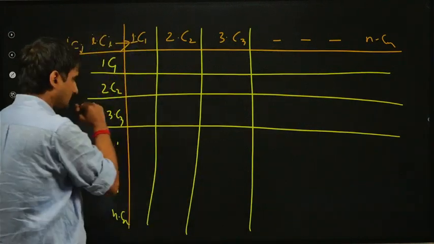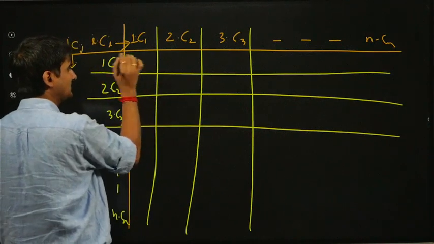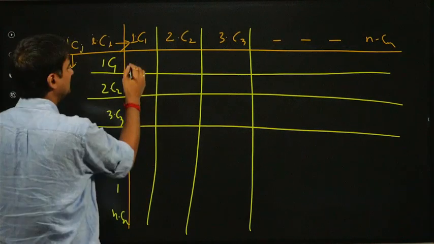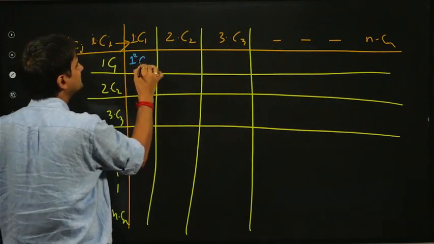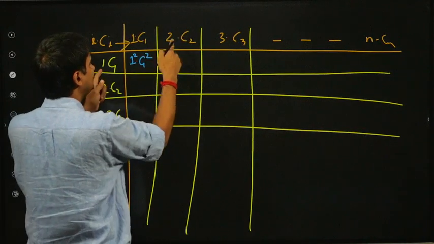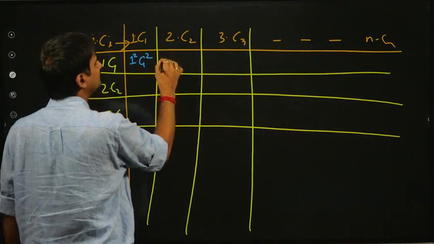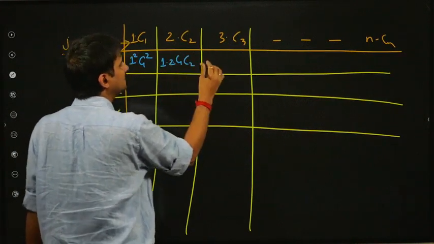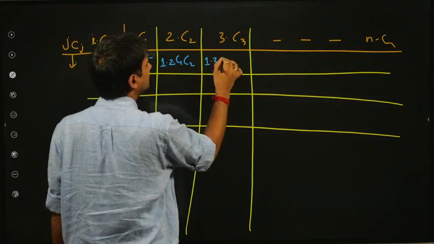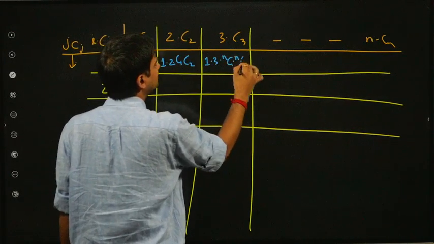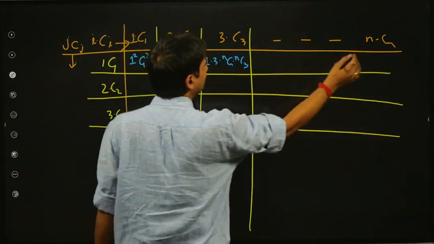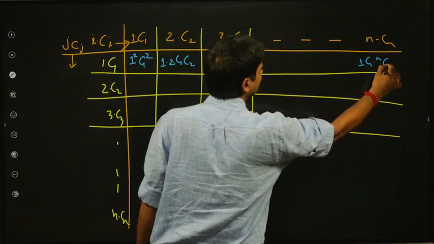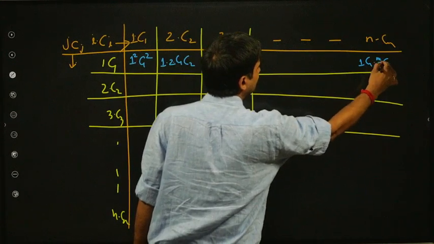Okay, now here, the first entry will be 1C1 into 1C1. So it will be 1 square C1 square, and then it will be 1 into 2, nC1 into nC2. Okay, this will be 1 into 3, nC1 into nC3. Likewise 1 into 4, dot, and this is 1 C1 into n into Cn.